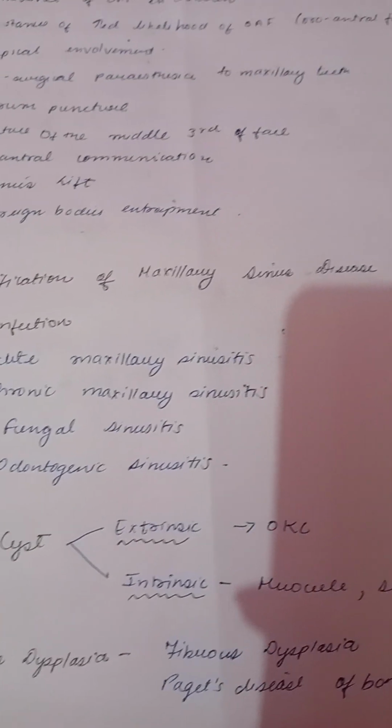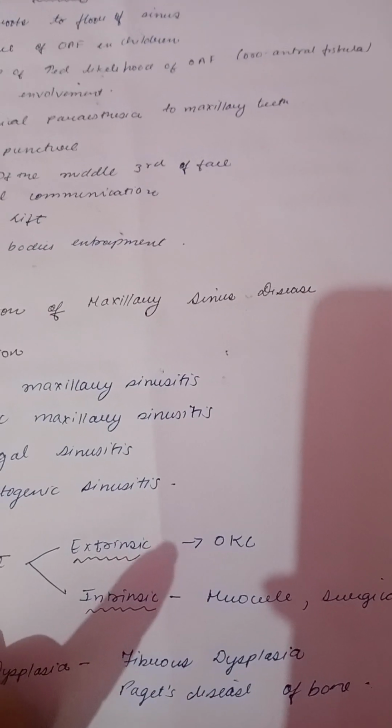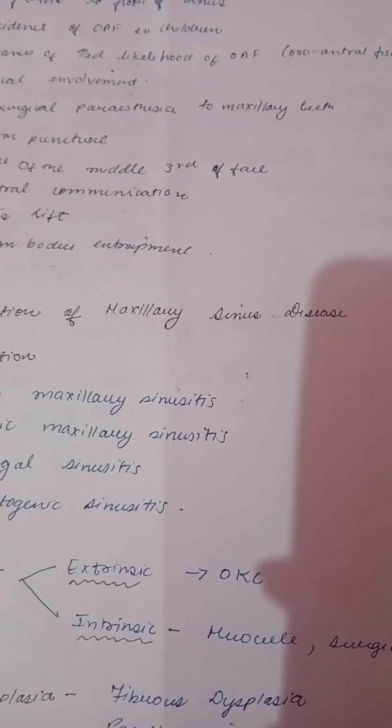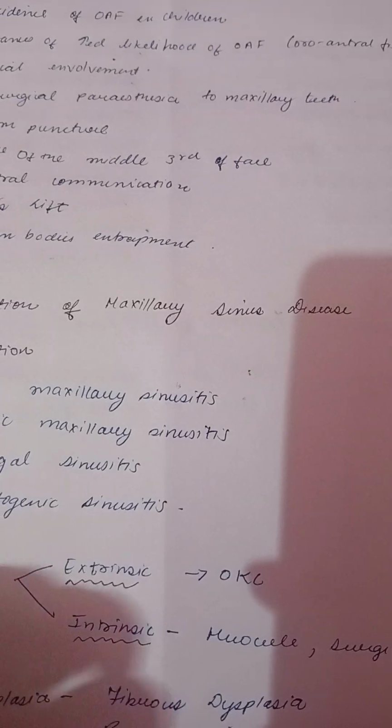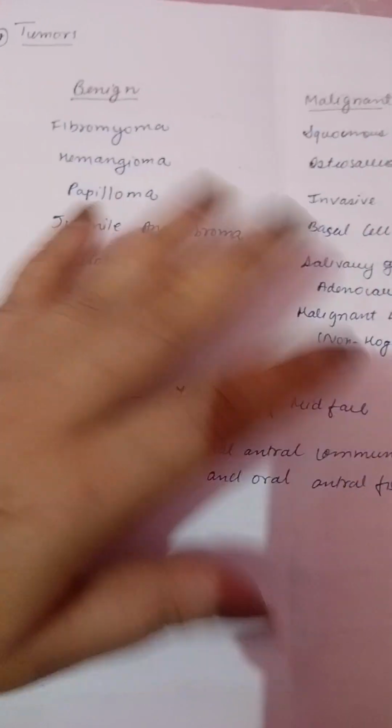Bone dysplasia can be fibrous dysplasia, Paget's disease of bone, or it can also be ossifying fibroma. Sometimes ossifying fibroma is considered in benign tumors, and sometimes in bone dysplasia. Now, coming to tumors, they can be benign and malignant.